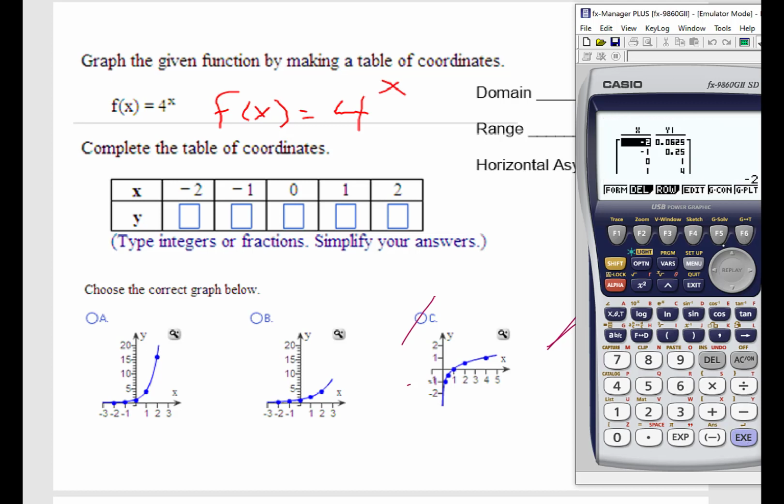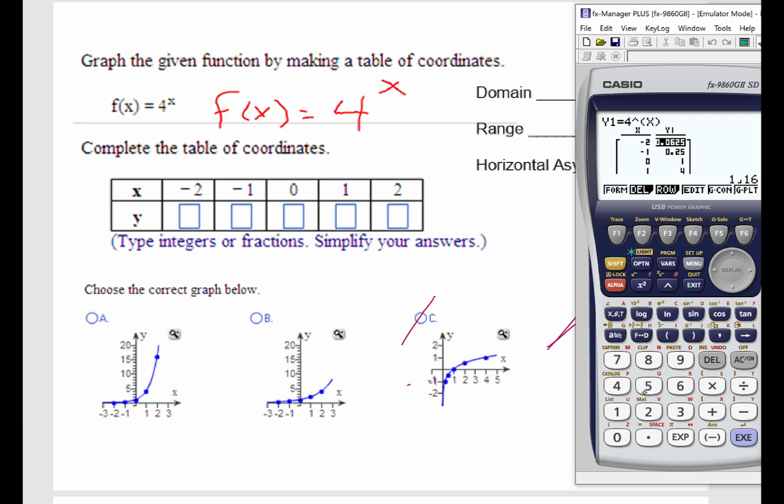So let's go back to our table. Now notice that it shows me a decimal, right? I can arrow over to the right. Oops, went too far. I can arrow over to the right and it's not showing me as a fraction. Let's see if I could change that. There we go.